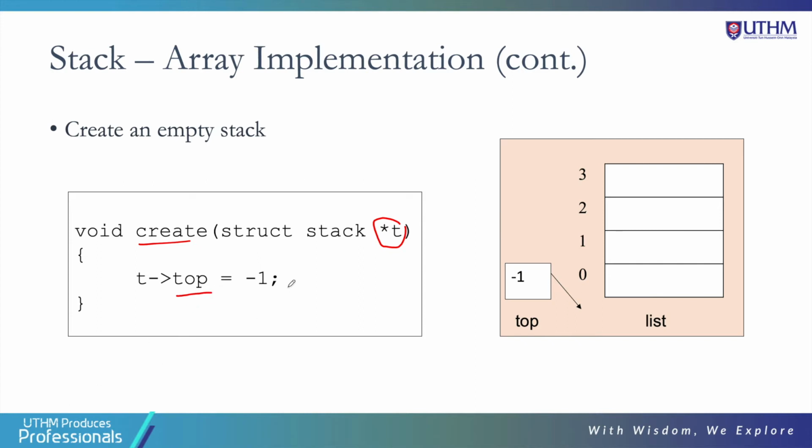The top equal to -1 means the stack is empty. Why is it empty? Because top is pointing to -1, below 0, so it means that the stack is empty.